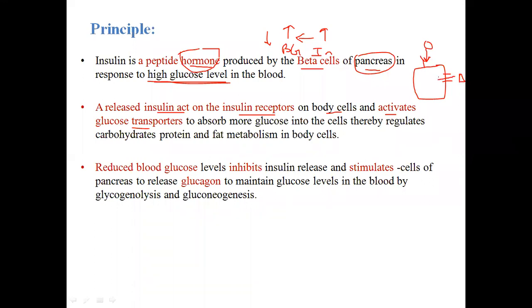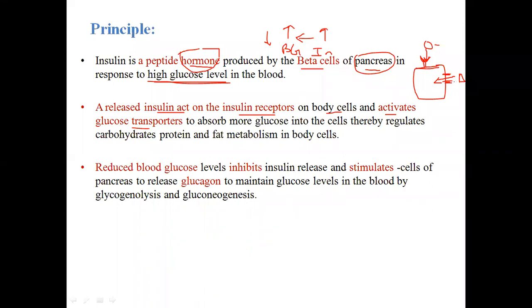So the glucose molecule will enter into the cell. Once again, this is the insulin receptor, this is insulin, this is your body cell, and this is the glucose transporter. Once insulin binds to the receptor, the channel opens and glucose enters the cell.